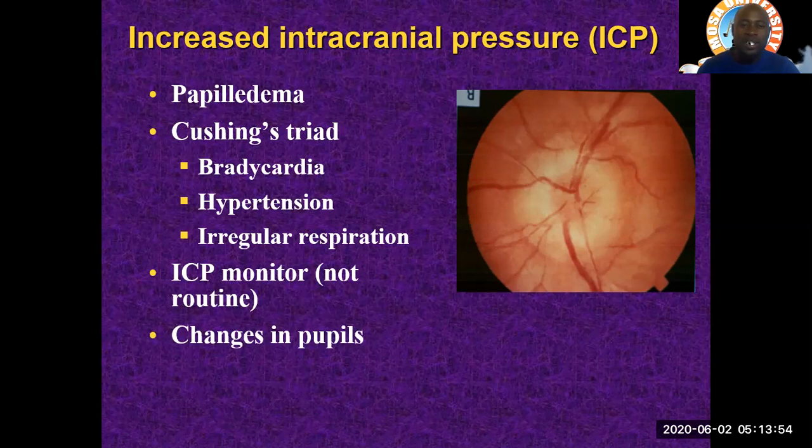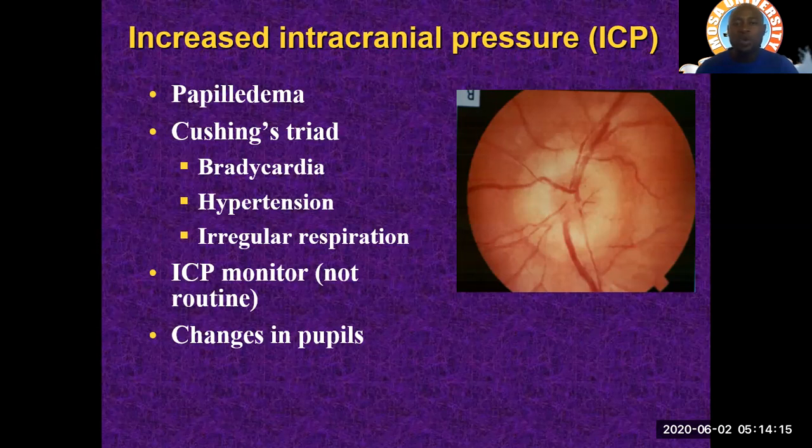Because in most of the questions that are asked, for you to make a diagnosis, use the Cushing's triad. You'll be asked what are the three components of the Cushing's triad. So when there's ICP, which means increased intracranial pressure, we use the Cushing's triad.